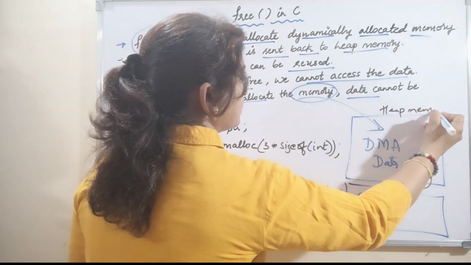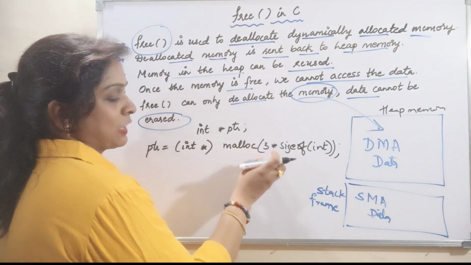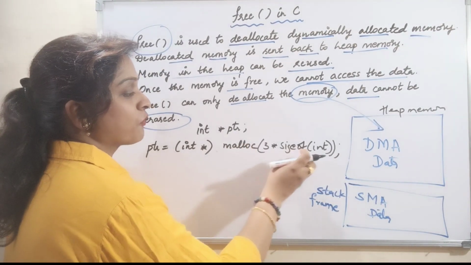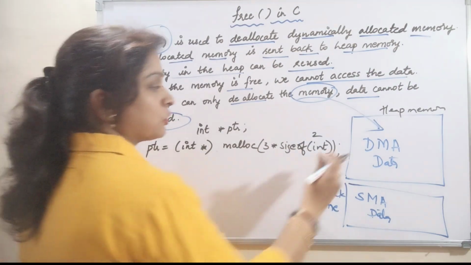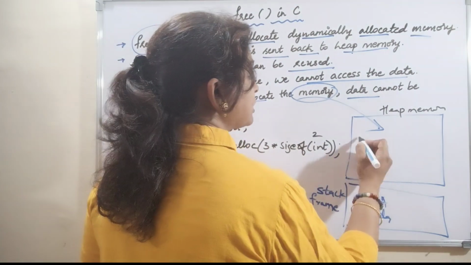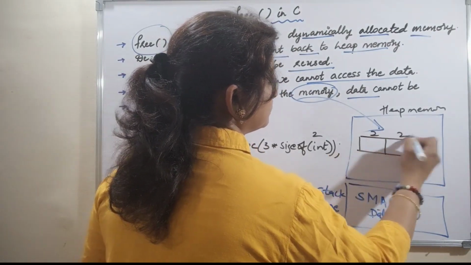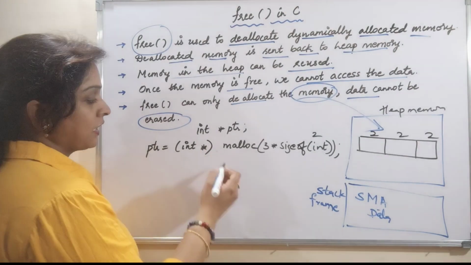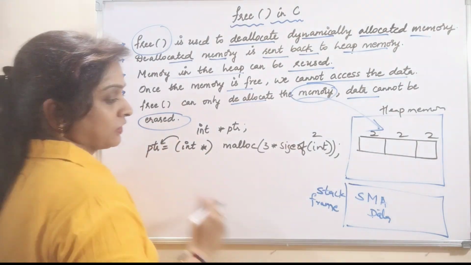So now what happens? The malloc function is allocating memory to store 3 elements of size of integer. So for example, if it is 2 bytes, 3 into 2, totally I need to allocate 6 bytes of memory in the heap. And I need to typecast that to integer and the address of that should be held in the pointer.